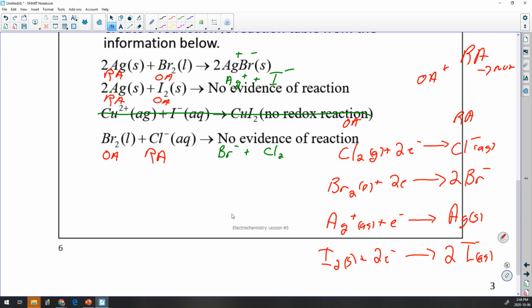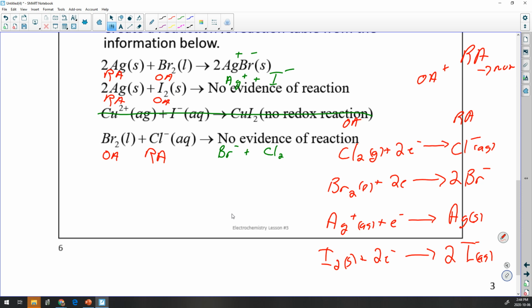And then the iodine is just underneath. So basically in the top quarter, but in this order, chlorine, bromine, silver ion, and iodine are all in this order. Now, they're not going to be that nice to you on a diploma. They're going to give you equations that don't actually show up on here. They show up in that booklet there.